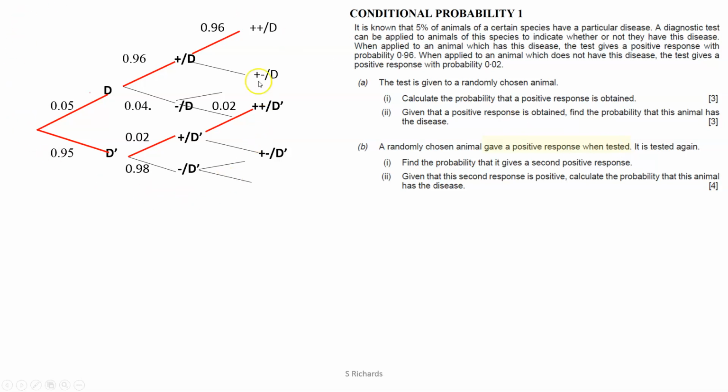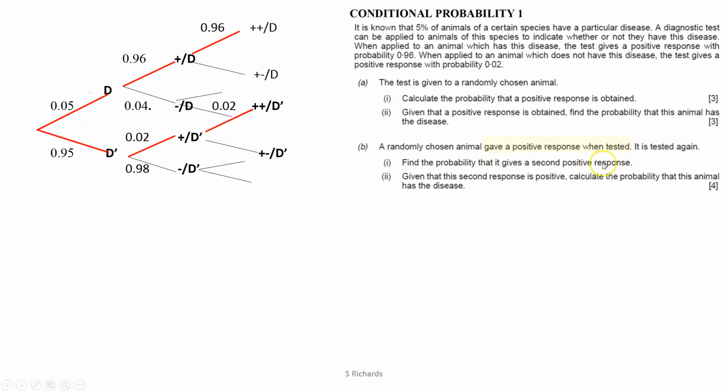So we can extend our tree diagram to establish the various different options of the things that can happen. But since we are given a positive result, we really are only interested in these two branches of the tree, diseased positive positive, not diseased positive positive. Find the probability that it gives a second positive response.